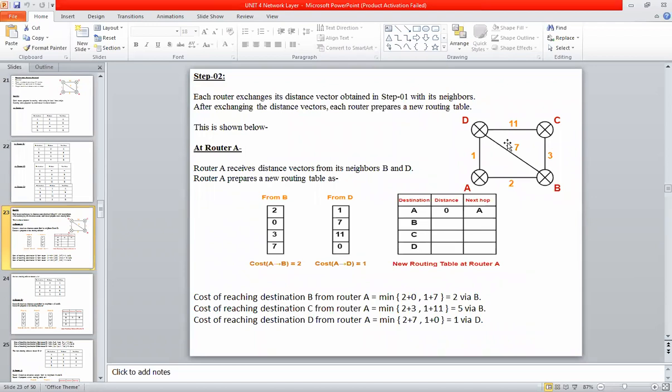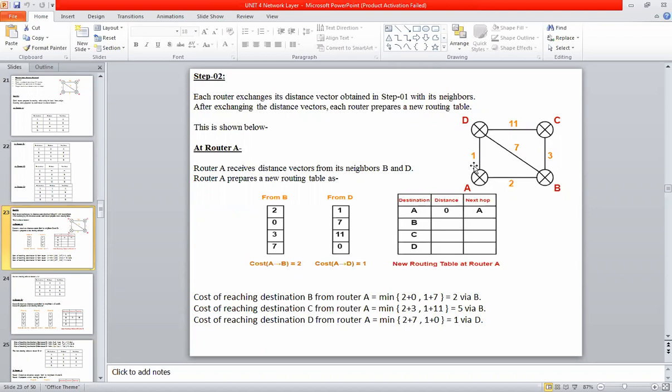So in the upgraded table, we are going to upgrade it first for router A. Router A receives a distance vector from its neighbors, from B and D. You can see in the graph, A is directly connected to B and A is directly connected to D. So router A receives the distance from D to A and from B to A. The distance from D to A is 1, and the distance from B to A is 2.